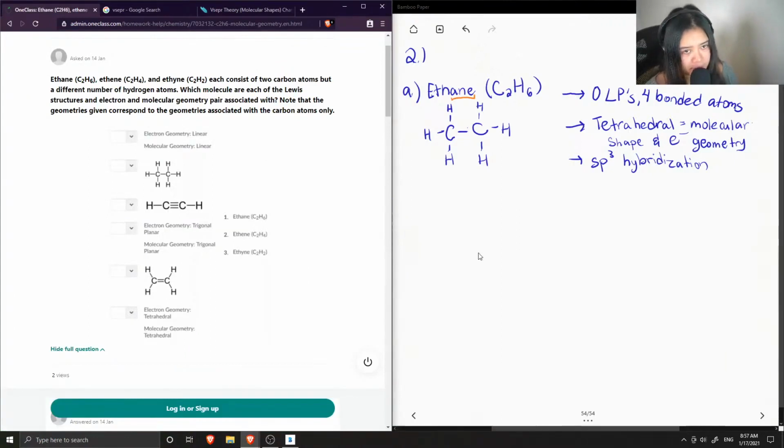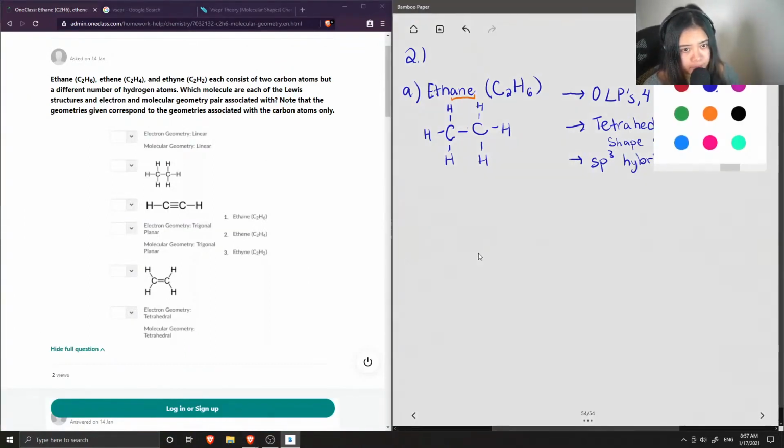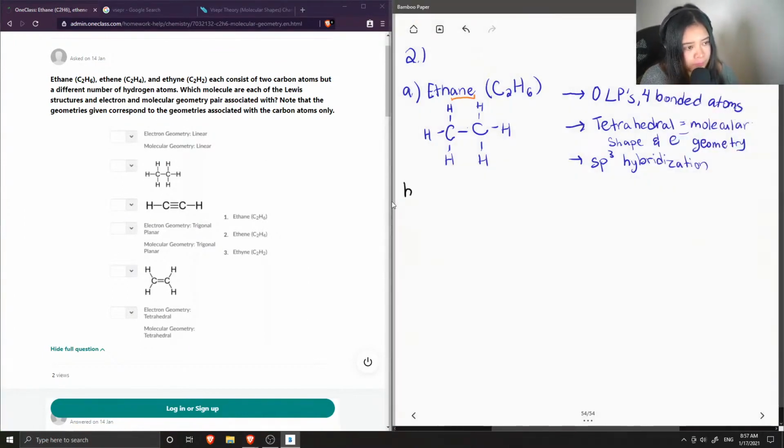Okay, so now let's look at ethene, and its chemical formula is C2H4.